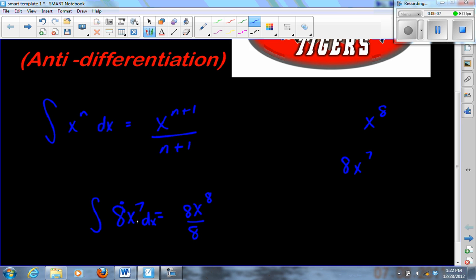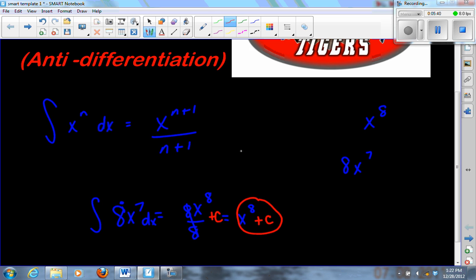So I rewrite that 8, I rewrite my x, I add 1 to the power, that's what this part's all about, and then I divide by whatever that thing was that I created right here. And you'll notice these will reduce. I'll get back to x to the 8th. Now the only thing I'm missing is this could be x to the 8th plus anything, any number. So don't forget that. So that's how you do the general power rule.